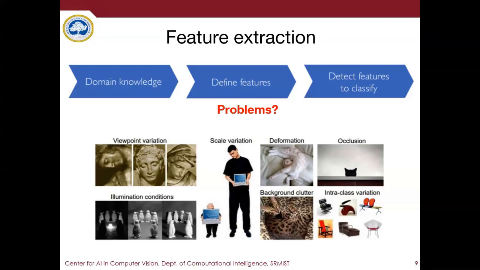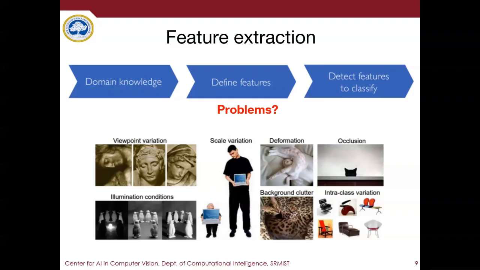Scale, very small or sometimes very big, can also bring challenges. Then class variation: intra-class and inter-class. Variation within the class itself can be in different kinds of scale. All these are problems when you extract features.